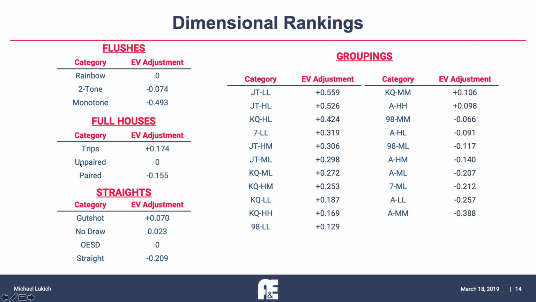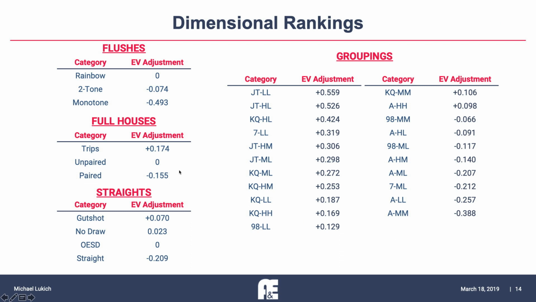From a full house perspective, unpaired boards are that middle baseline here. The trips boards, which are few and far between, are actually going to be better for us, which is fairly obvious because we're going to have the aces, kings, and queens, and our opponents are not. So on those trips boards, we automatically have that top full house a lot more than our opponent does. The paired boards were actually worse, right?